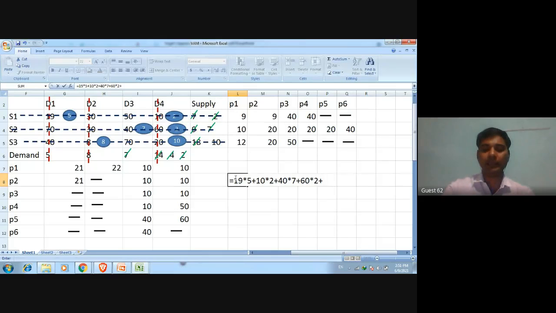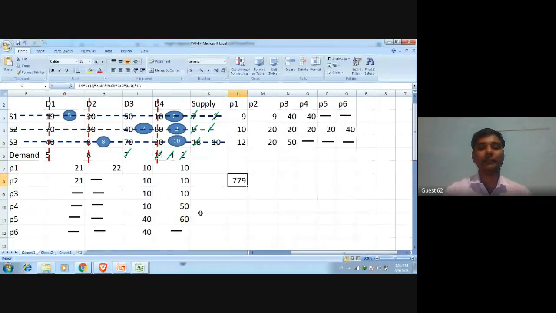So we will multiply 8 into 8 plus, and plant S3 has also supplied 10 units at the rate of 20 rupees per unit. So we will multiply 20 into 10. This is the total transportation cost that we have found. So the value that comes is 779.